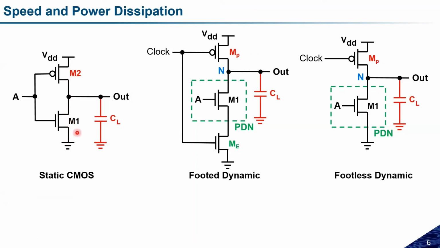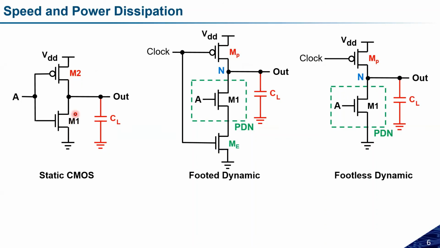Similarly, in this footed dynamic one, if the size of these two MP transistors and this M2 are the same, then the tPLH for all these logics will be equal. If the MP and M2 sizes are equal, the tPLH will be the same for all the combinations.